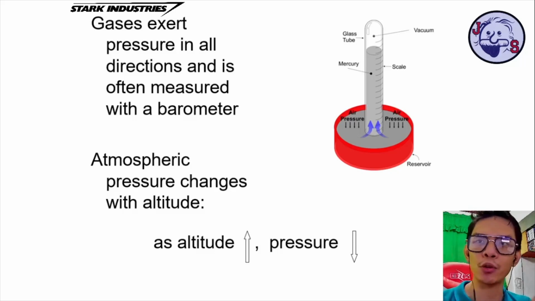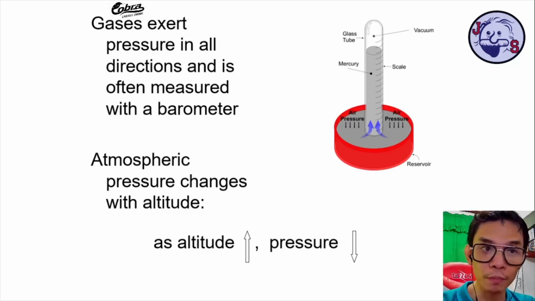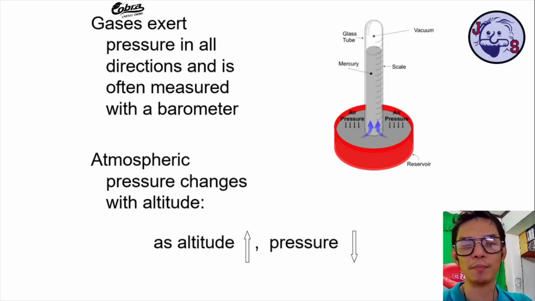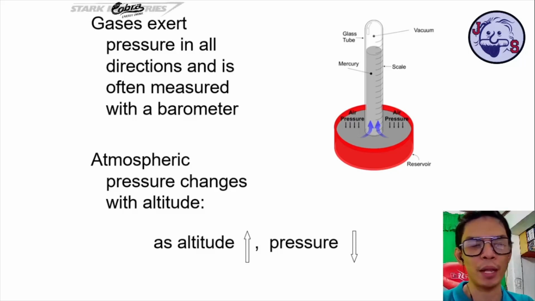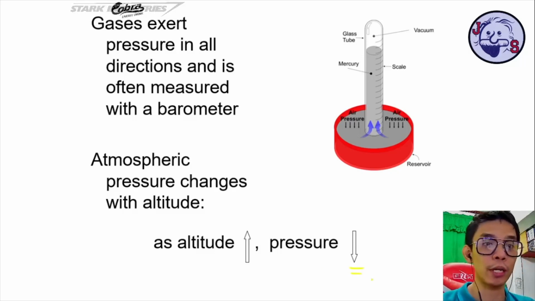For example, as you increase in altitude, when you go to Baguio, Baguio has a higher altitude because it is above sea level. Not only Baguio but also Tagaytay City is at a higher altitude, but the pressure on those areas is less.